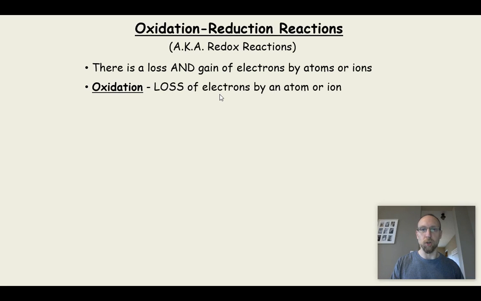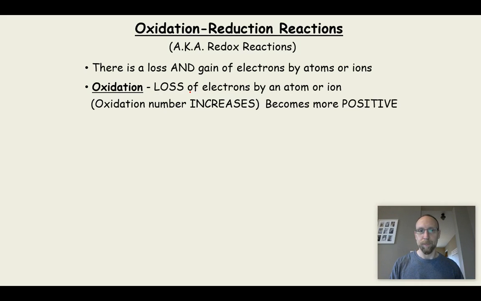So oxidation is a loss of electrons. So oxidation is when we're losing. So we're losing electrons, and we'll talk about what that means as we go forward. So remember what it means to lose electrons. Electrons are negatively charged particles. So if you lose electrons, what happens? You become more positive. So your oxidation number goes up. You become more positive.